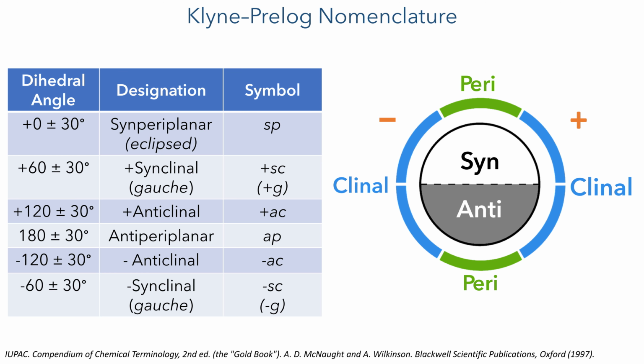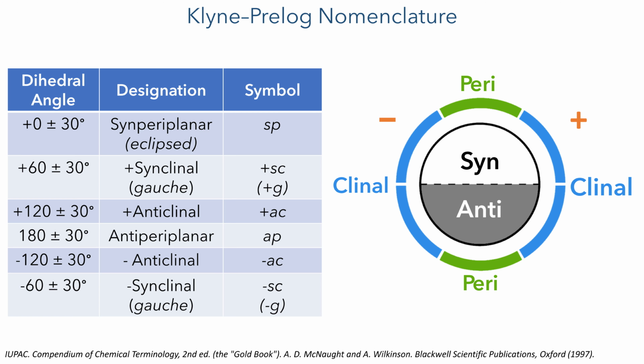If the substituents are on the same side, that is, within 90 degrees, it is given the prefix syn. If it is on the opposite side, it is called anti. When it is 60 degrees, plus or minus 30, it is called synclinal, which is more commonly known as gauche.